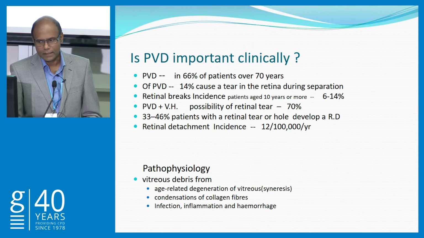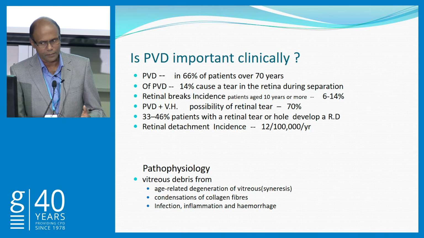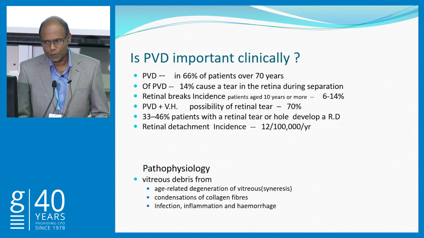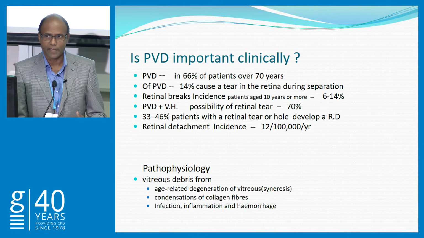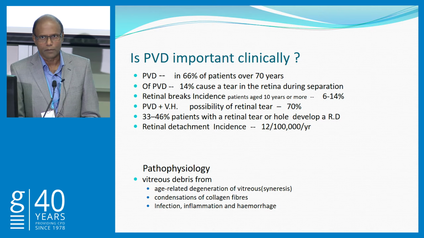About a third of these PVDs with tears can develop retinal detachment. This is more so when you have the retinal tear. Chances are more when there's a hemorrhage, because people can suddenly develop photopsia and a large blob floating in there.